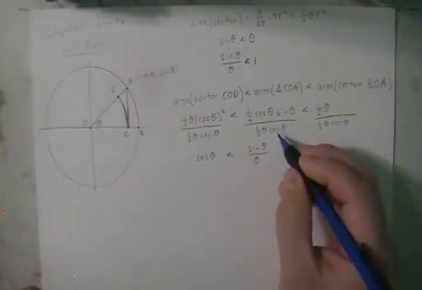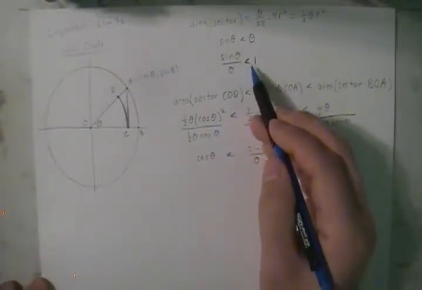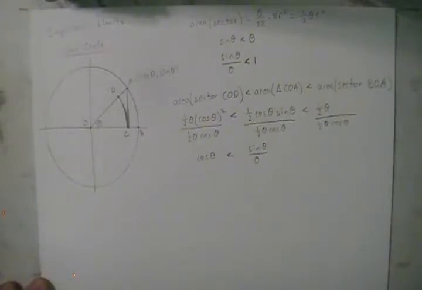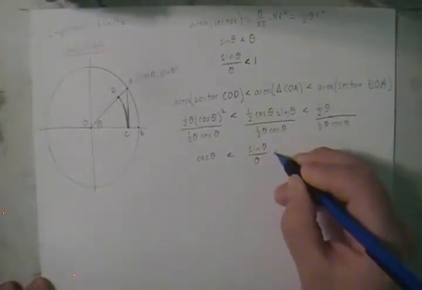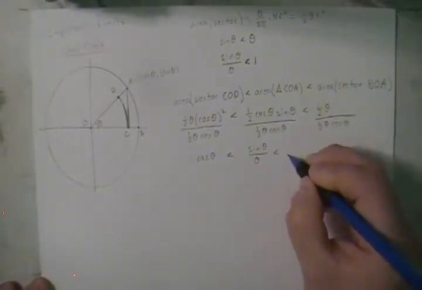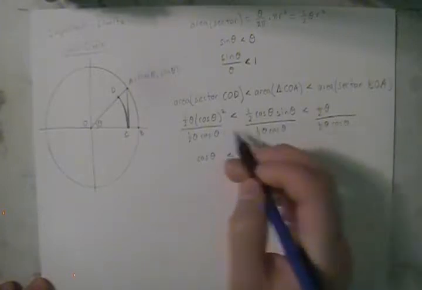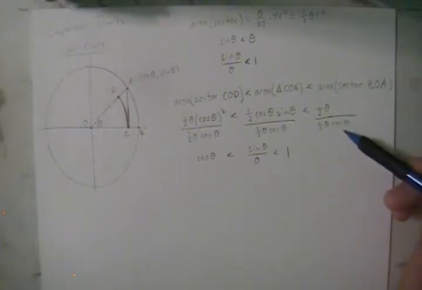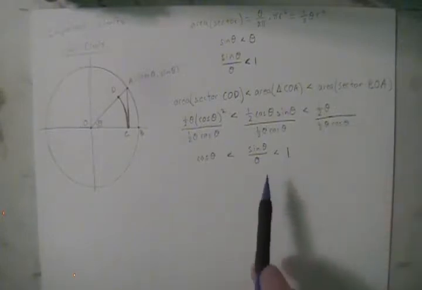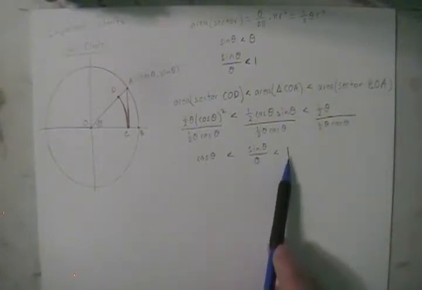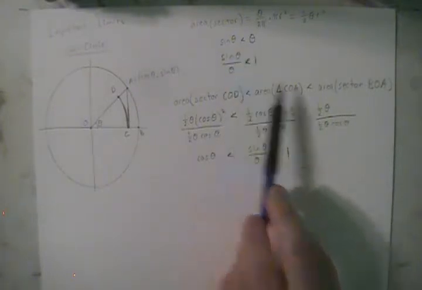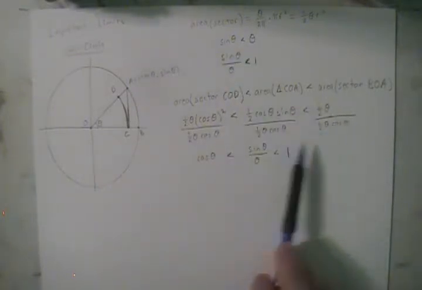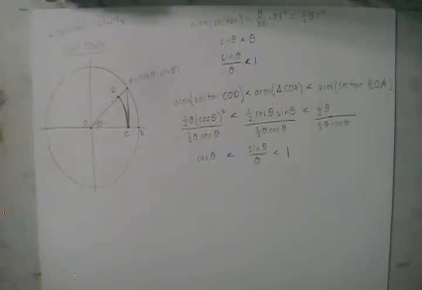And the reason I divided it out that way is because I know sine theta divided by theta is less than 1. So I'm just going to write is less than 1 on this side, because I'm just using the first part of this. This would actually be 1 divided by cosine theta, which is greater than 1, so I can see that this is actually bounded by 1 by this fact here, rather than 1 divided by cosine theta, which we don't need to bound it.